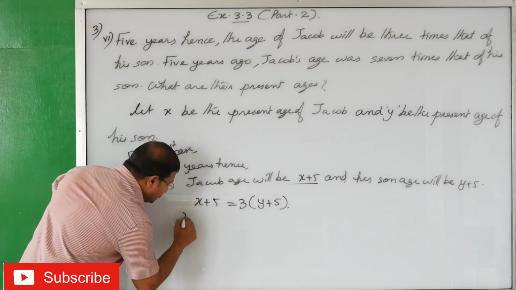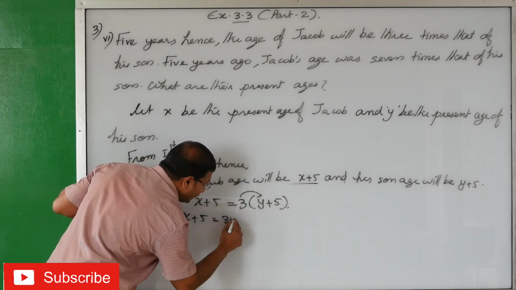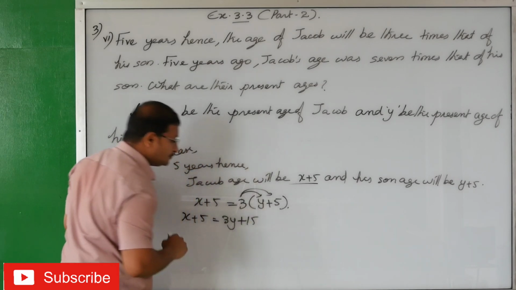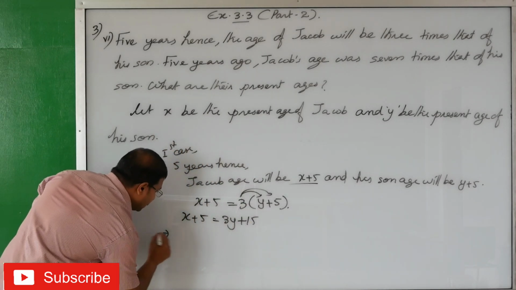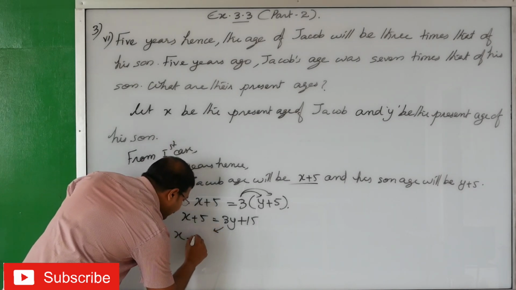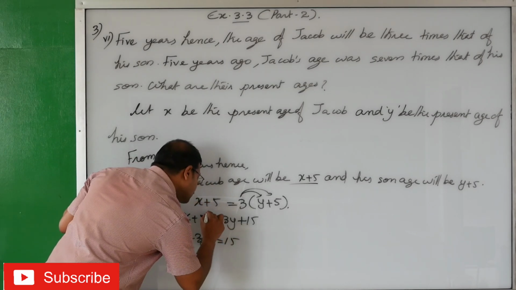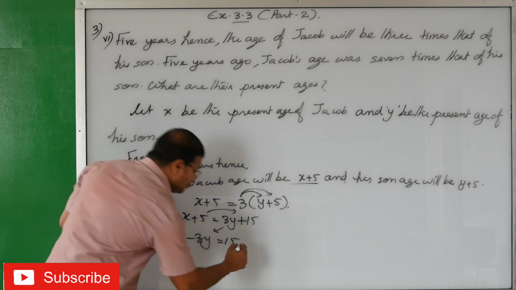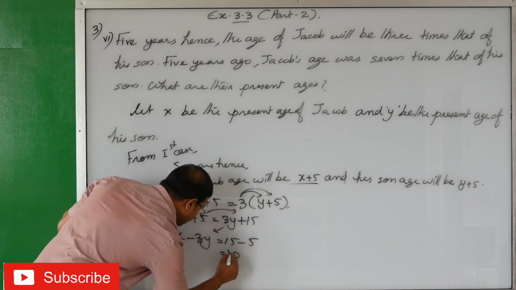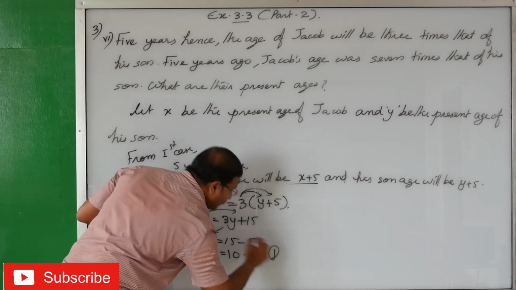Let's open this: X plus 5 equals 3Y plus 15. This implies X, this 3Y goes to the next side, minus 3Y, equals 15, and this 5 goes next side, minus 5, that is 15 minus 5, 10. That means X minus 3Y equals 10. This is equation number 1.